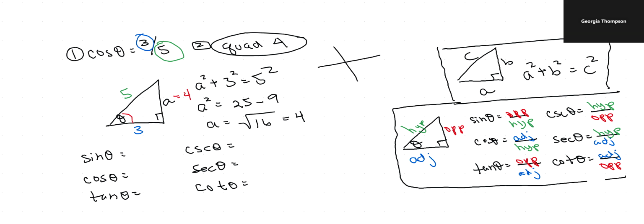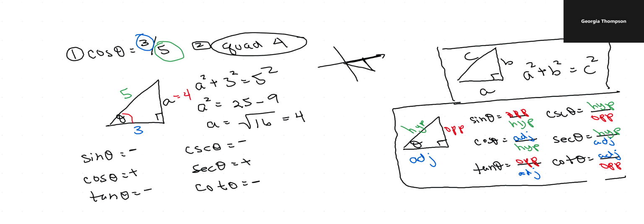So my sine is going to be negative because y is negative over here. And that also means that my cosine will be positive because x's are positive in this quadrant. And tan is just sine over cosine, so it's going to be negative. Cosecant is just sine flipped, so it will be negative. Secant is cosine flipped, so it will be positive. And cotan is tan flipped, so it will be negative.